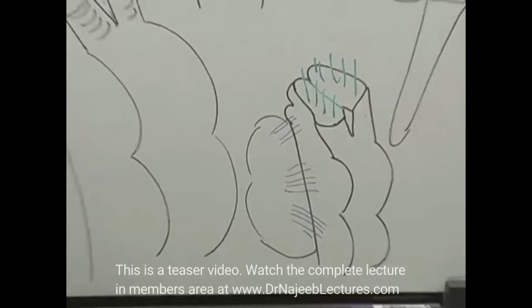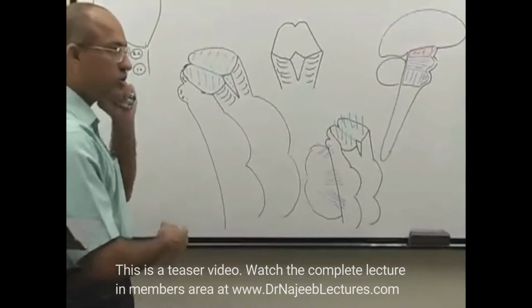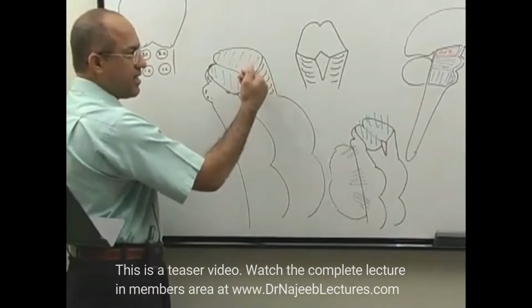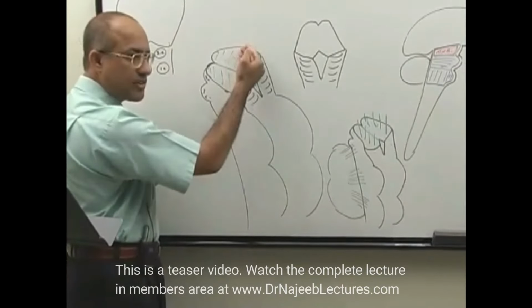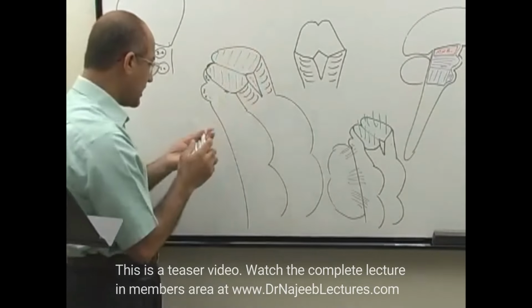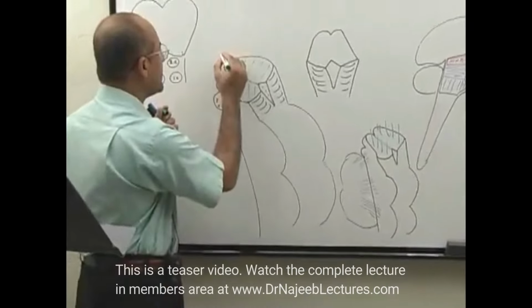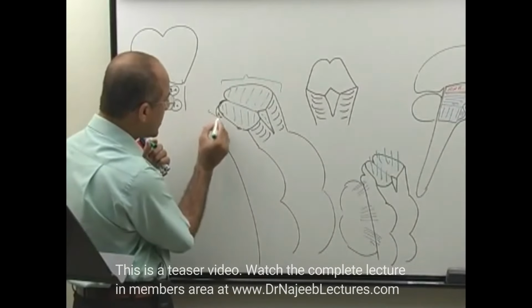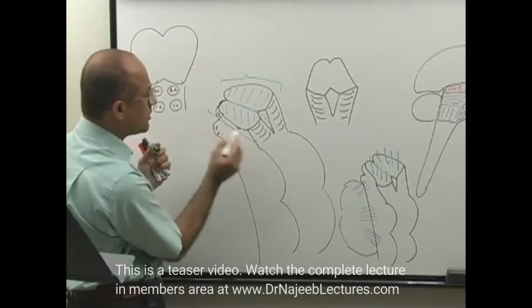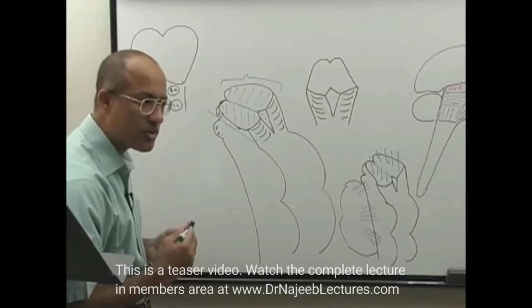So when someone says, what are cerebral peduncles? You say the midbrain has two cerebral peduncles, right cerebral peduncle and left cerebral peduncle. One cerebral peduncle is extending from here up to here, and the other cerebral peduncle is extending from here to here. Any confusion in this concept?